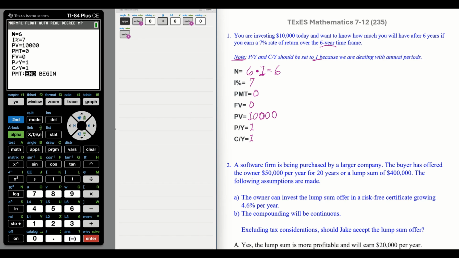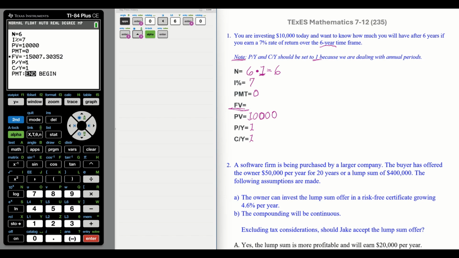So we leave that highlighted and we arrow up to what we're looking for, which is our future value. Now, here's the thing. You have to remember that you push the green alpha and then you come down to enter, and notice above the enter, there's the word solve in green.